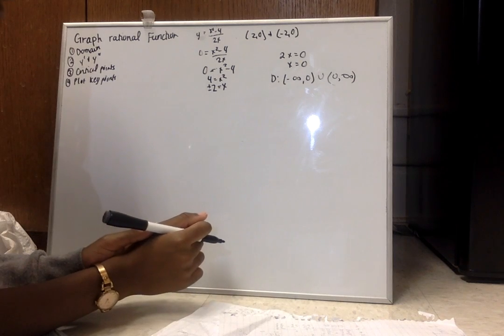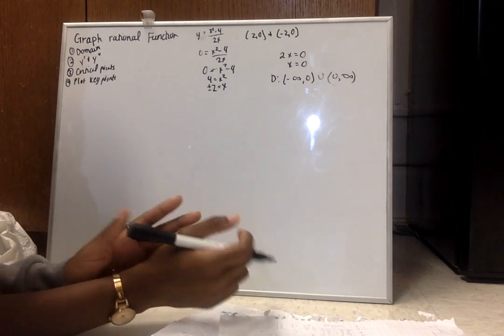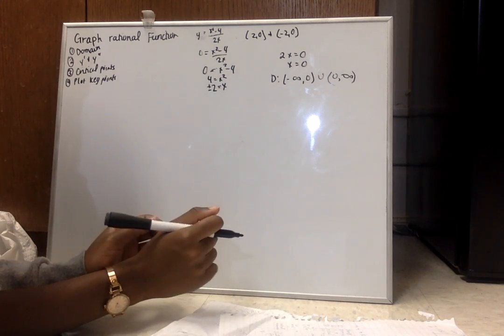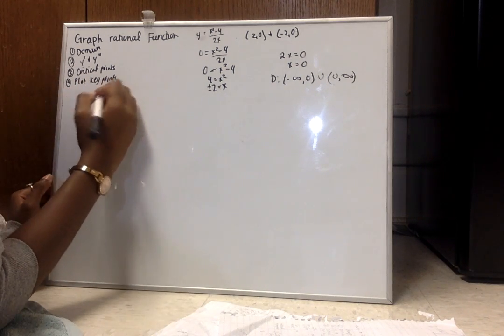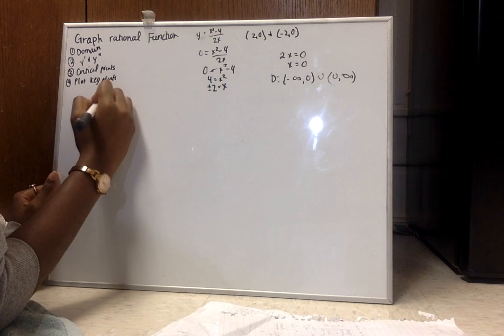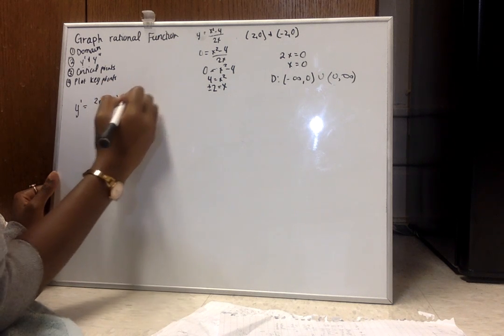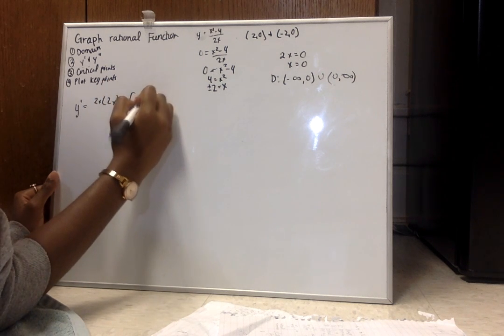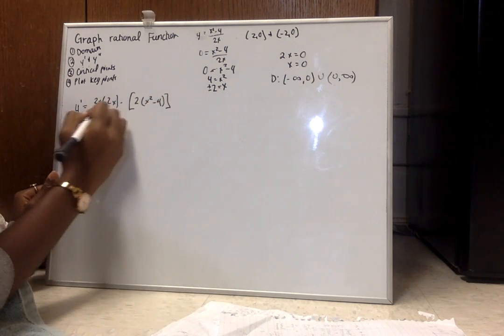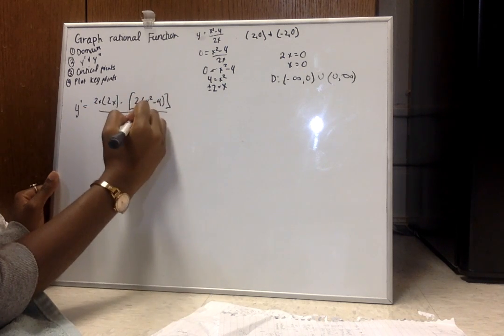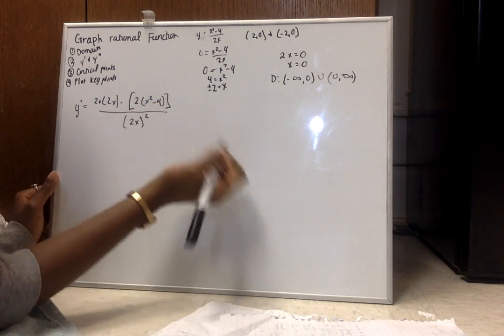So now we're going to take the derivative in order to find the critical point, so we can see where this function is going to be increasing or decreasing. So y prime is going to be equal to 2x times 2x minus the quantity of 2 times (x squared minus 4), over (2x) quantity squared.